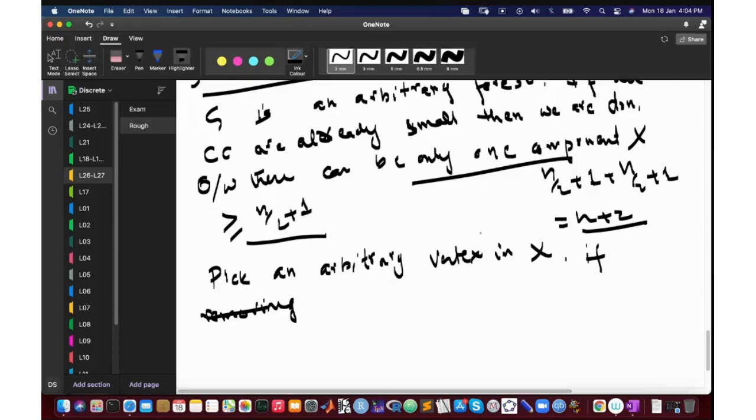I haven't named the arbitrary vertex. Let's call this vertex V. So for an arbitrary vertex, if V is a discrete bisector, then we are done, right?